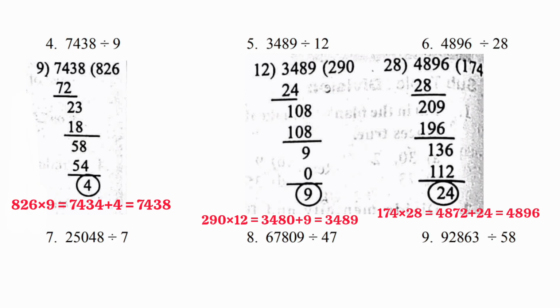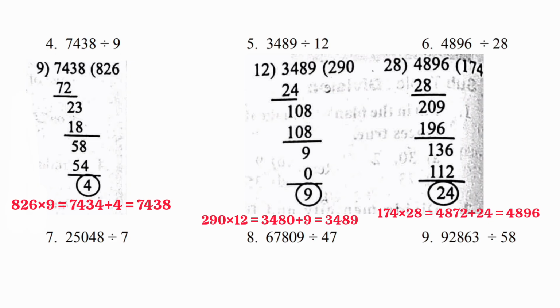You will do it by multiplication. 826 multiplied by 9 equal to 7434 will come. Okay, but remainder is 4. If you add 4, then you will get 7438. Okay, which is in the question. So it means your answer is right. So in this way you have to do fifth and sixth one.